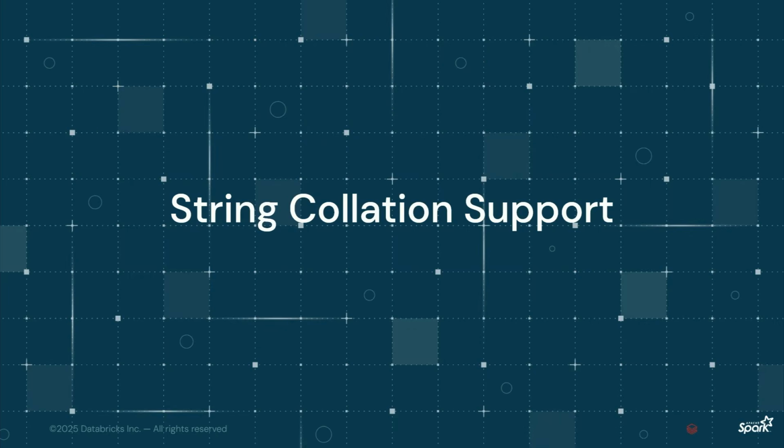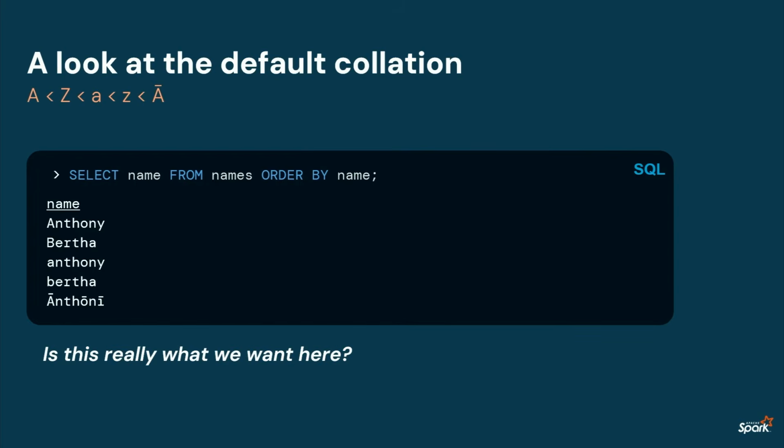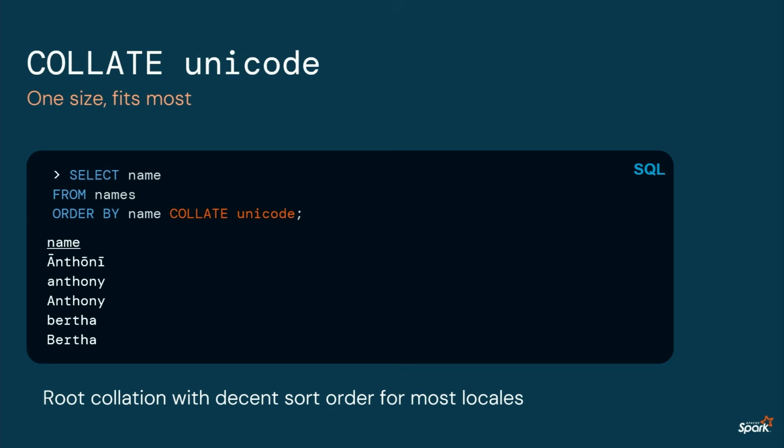Cool. There are now string collations in ANSI SQL, so you can assign collations to columns or operations like group by and order by, right? So this is the default collation. If you sort something, it'll give you this, which might be confusing. If you give it Unicode, it'll sort differently.